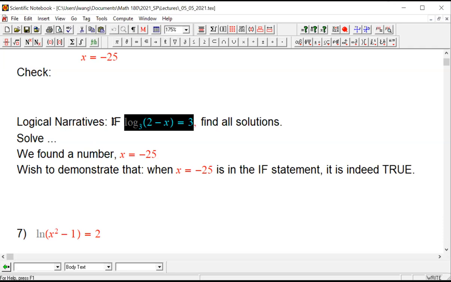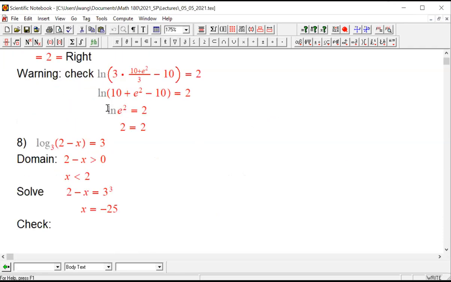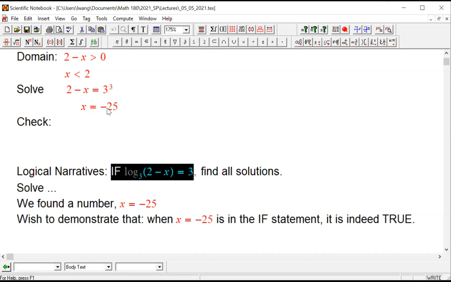It's all because it's an if statement and we're trying to convince the reader the number we found indeed is or is not a solution. That's why we do it on one side, not both sides at the same time. Because if you do it at the same time, in the first sentence you already told the reader, hey, they're the same. Do you follow me?